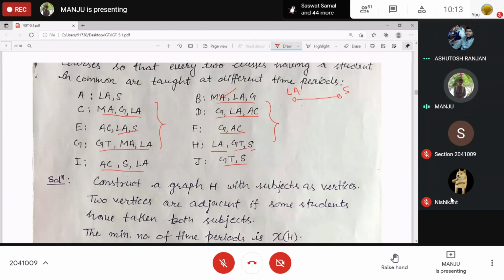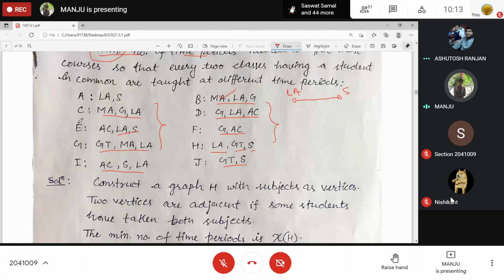No. These students may not be taking all the courses, na. For example, A class will attend only linear algebra and statistics, okay? B class will attend modern algebra, linear algebra and geometry. And C is the same. B and C can sit together, right?